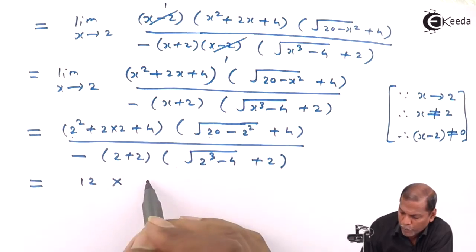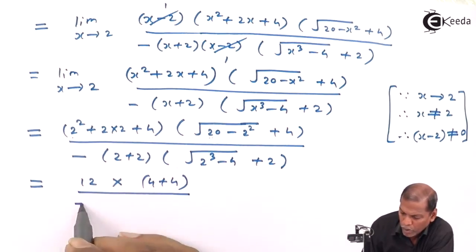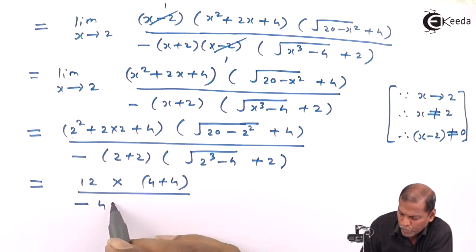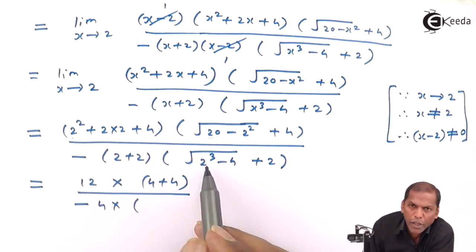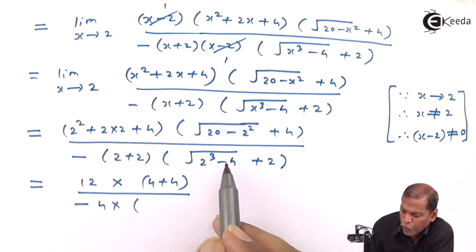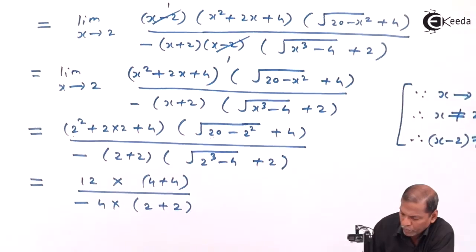So 4 plus 4, then minus 2 plus 2 gives us 4, into, then in the bracket 2 cube is 8, 8 minus 4 is 4 and square root of 4 is 2, plus 2 we write as it is.